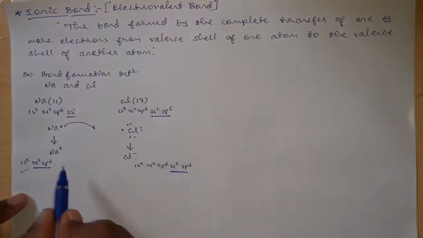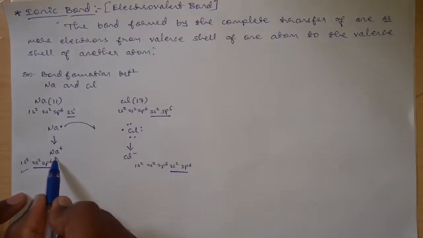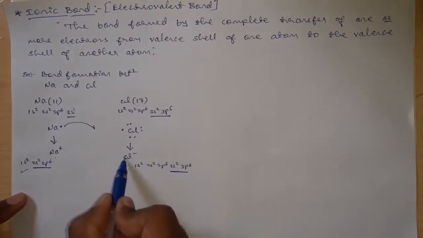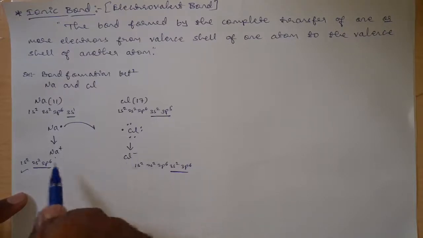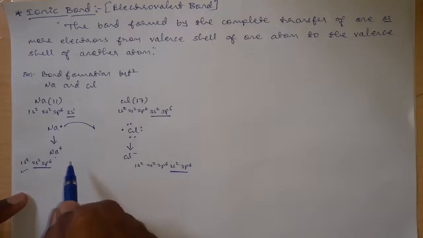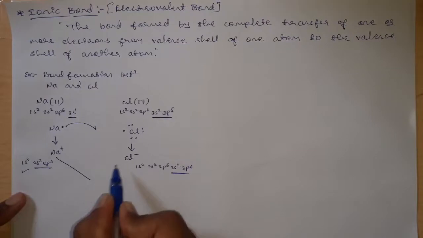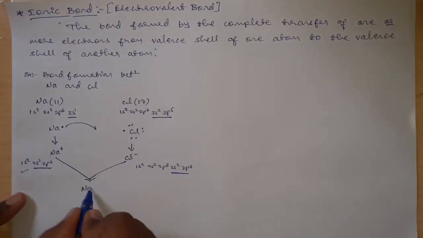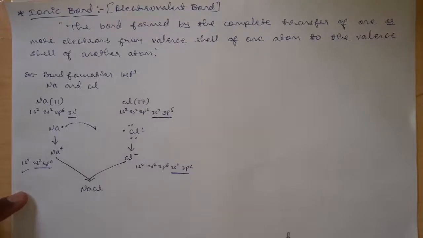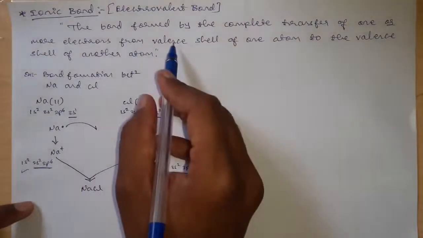Now we have a positively charged ion and a negatively charged ion. We know that oppositely charged species attract each other. These two oppositely charged ions combine to form a bond that is called ionic bond.